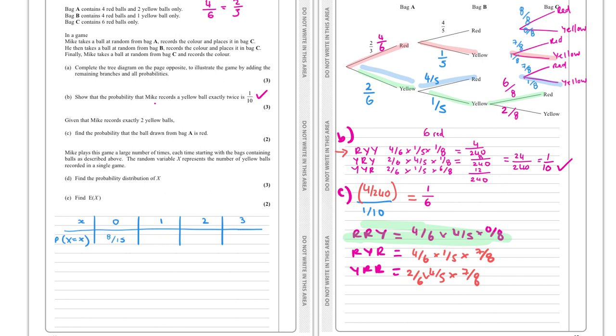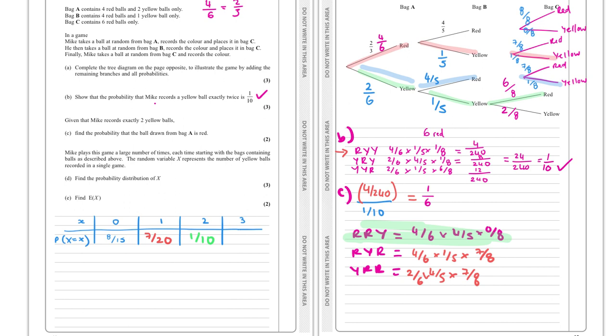Okay, so I'm going to add those both together, and that's going to give me, simplified, 7 over 20. Perfect. Now, how about getting 2? We already did that. That was 1 out of 10.